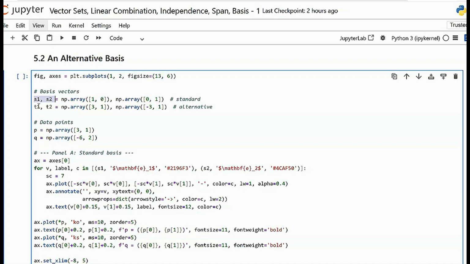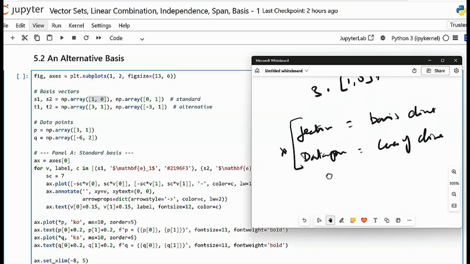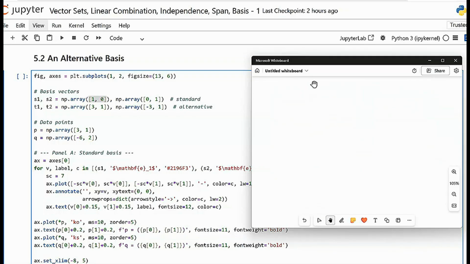S1, S2 defines the standard basis, an array with (1, 0) and (0, 1), which is the standard. So this is expressed as E1 equal to (1, 0) and E2 equal to (0, 1).